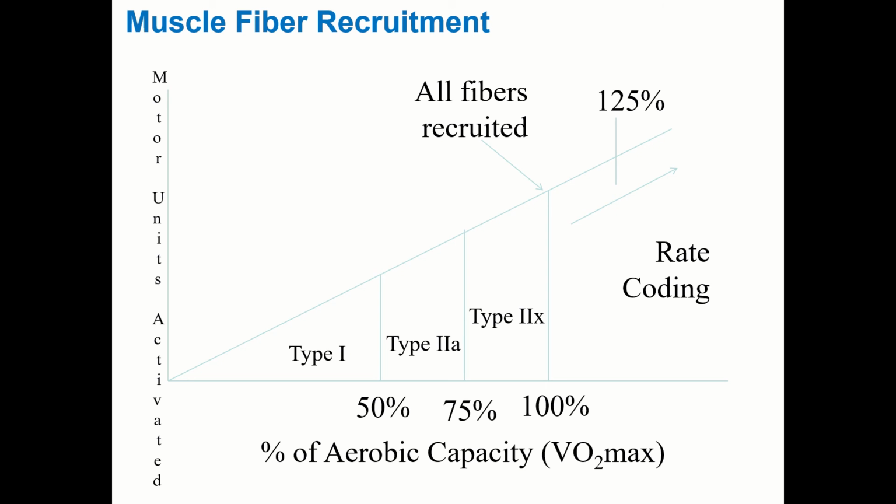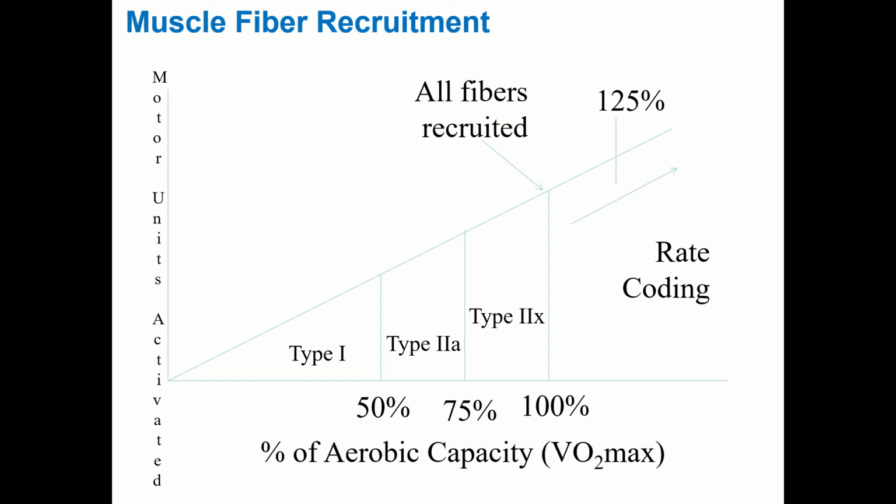Well, what happens then is if people self-select a pace, if you just go out and run a mile, typically people are going to run kind of in this range, maybe a little bit slower, more like over here. Okay? So they only get those training adaptations. They only get more mitochondria, more capillaries, et cetera, in those type 1 and type 2A fibers. Their type 2X fibers are basically entirely untrained.